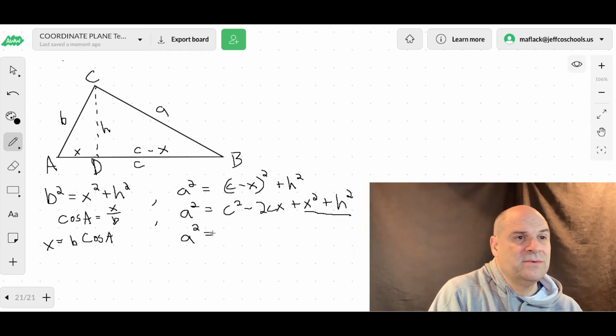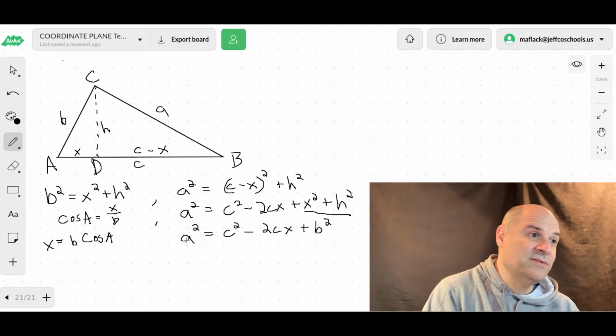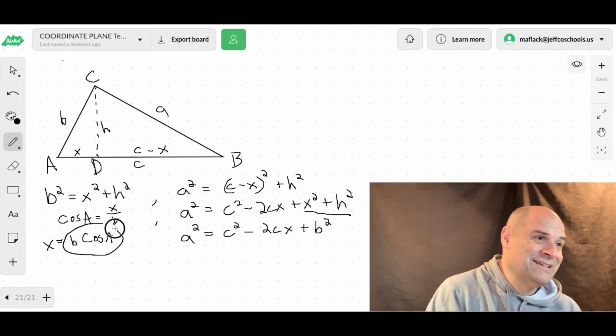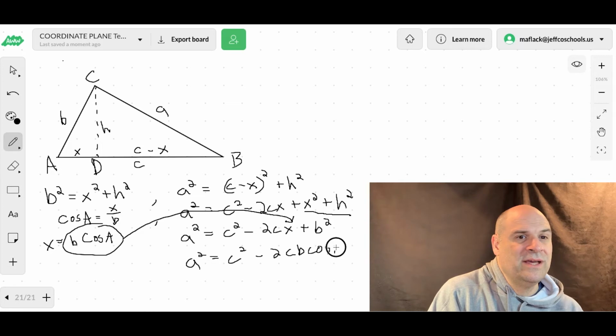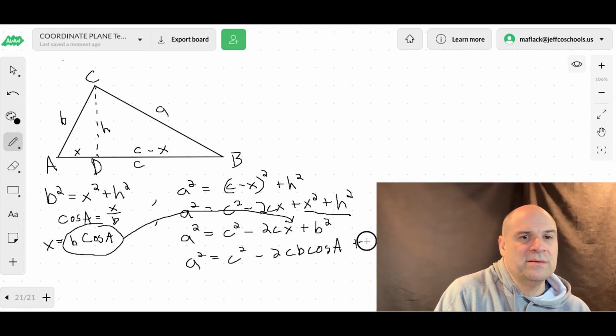A squared equals c squared minus 2cx plus b squared. Okay, so now I'm going to substitute this guy in right there for x. So a squared equals c squared minus 2cb cosine of A plus B squared.